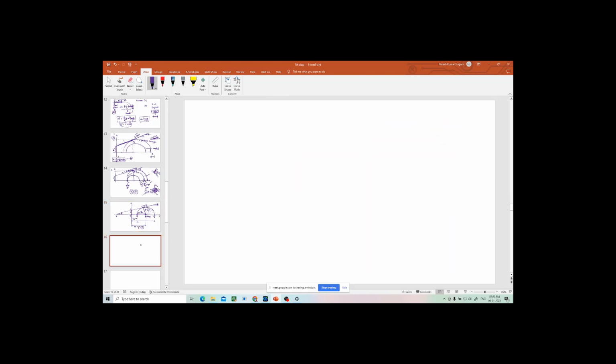by using all the trigonometric laws, sigma 1 equal to sigma 3 tan square alpha plus 2c tan alpha, where alpha is 45 plus phi by 2.